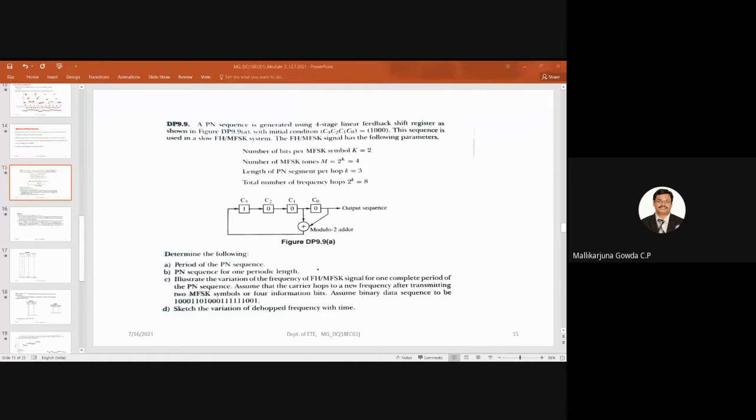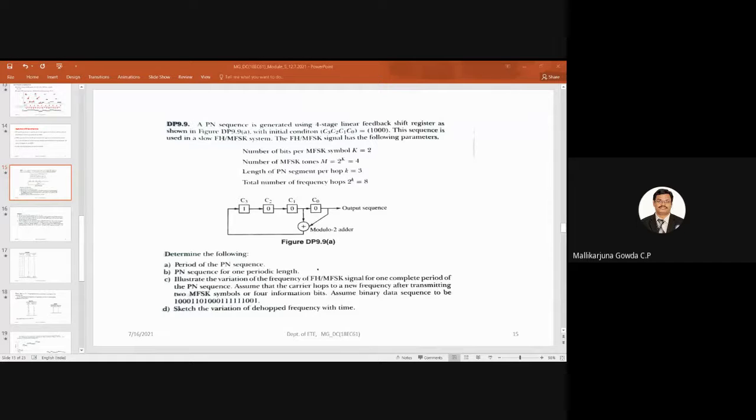And here for MFSK, 2 bits is one symbol. So hopping will be for every 2 MFSK symbols, there will be one hop. Is it possible to illustrate this?